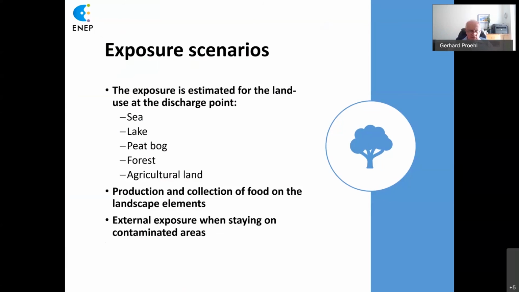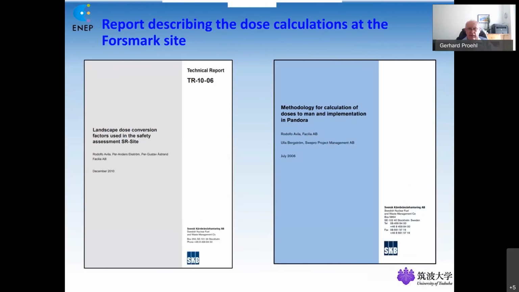And it is assumed that people produce and collect food in these landscape elements, and there may also be some external exposure when people are staying in these contaminated areas. Here you see two reports describing the dose calculation in detail at the Forsmark site. I think this lecture is not appropriate to go into all these details.